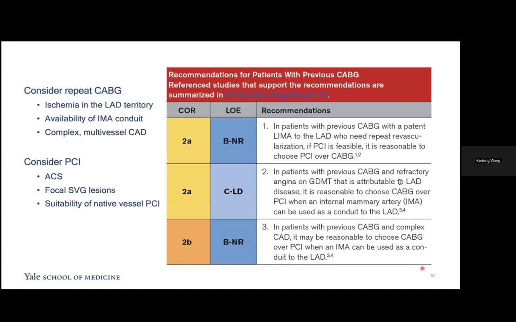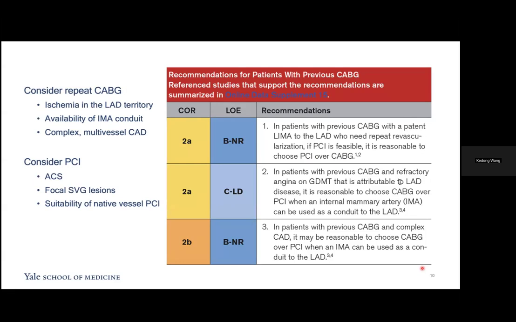So it's generally thought that if you revascularize an ischemic LAD territory with an IMA, that's really your gold standard. So the revascularization guideline says that you can consider redo CABG if there's ischemia in the LAD territory, especially if an IMA conduit is available. And you can also consider repeat CABG in more complex multivessel coronary artery disease.